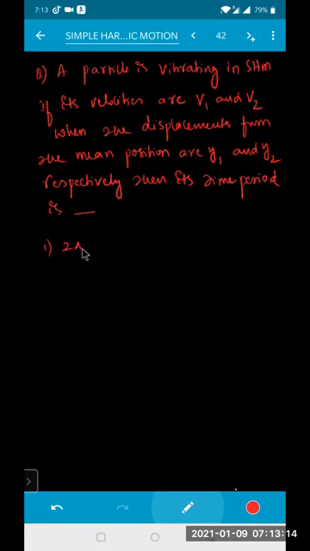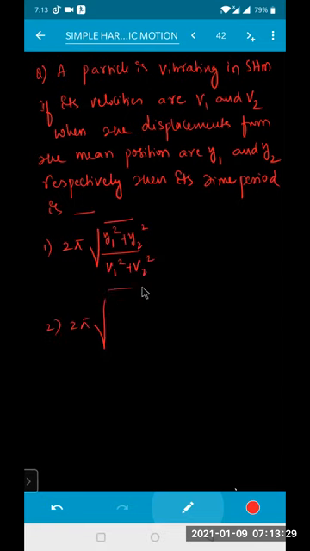First option is 2 pi under root of y1 square plus y2 square divided by v1 square plus v2 square. Second option is 2 pi under root of v1 square plus v2 square divided by y1 square plus y2 square.